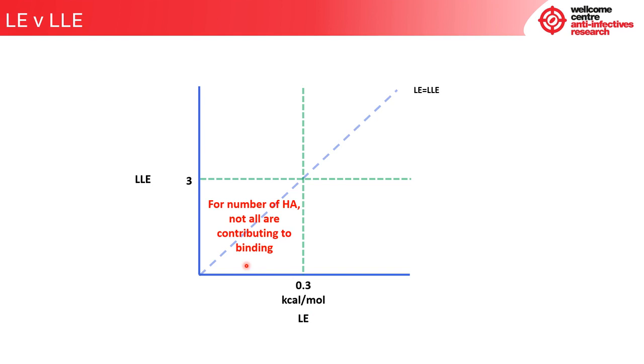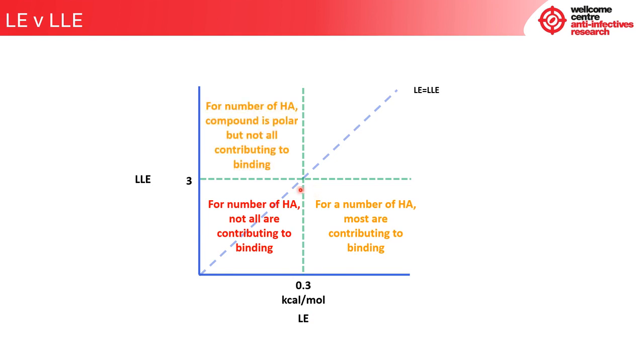Looking at a compound that has a higher ligand efficiency value but a low lipophilic ligand efficiency value, it is said that for the size of the molecule it is using its atoms efficiently for binding, but perhaps it is also being done in a non-specific manner through lipophilic interactions. With a lower ligand efficiency value but a high lipophilic ligand efficiency value, you can say that your compound has some polarity associated with it, but perhaps not all the atoms are contributing to binding.